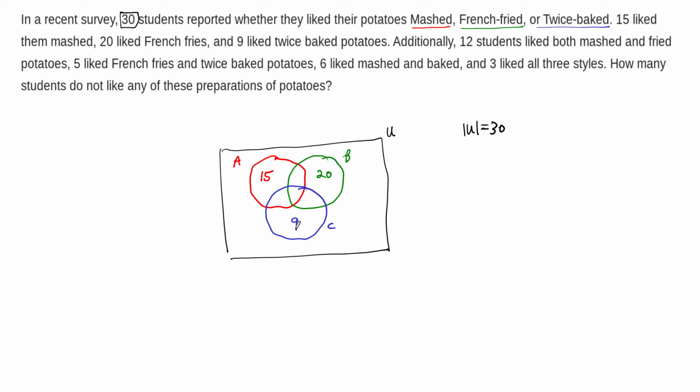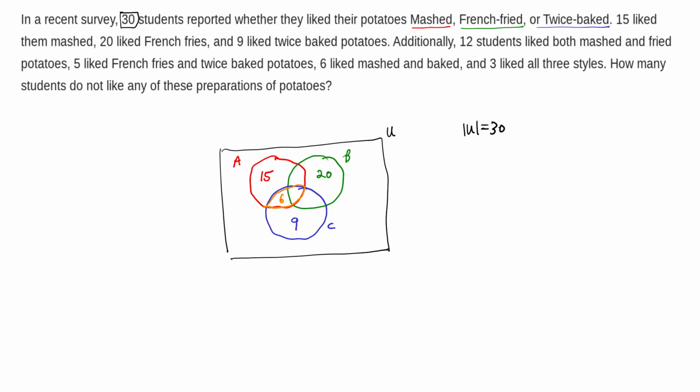All right. Then in the overlaps, I am going to color code these so we can get a better idea of what we're looking at. In this orange overlap, this is the mashed with the twice baked. I'm going out of order, but for the mashed and the baked, there are 6 people here.